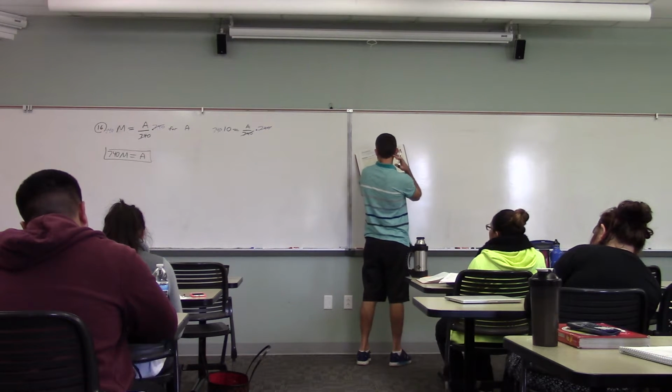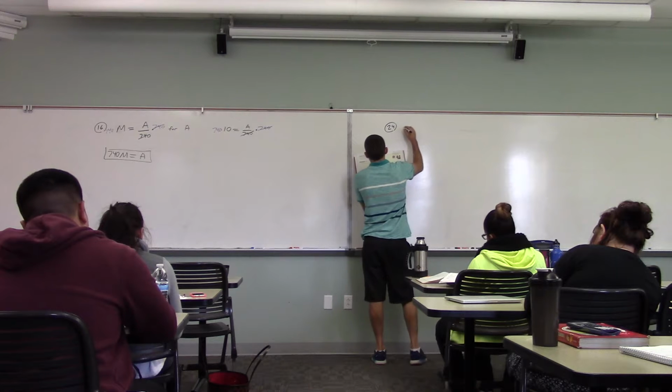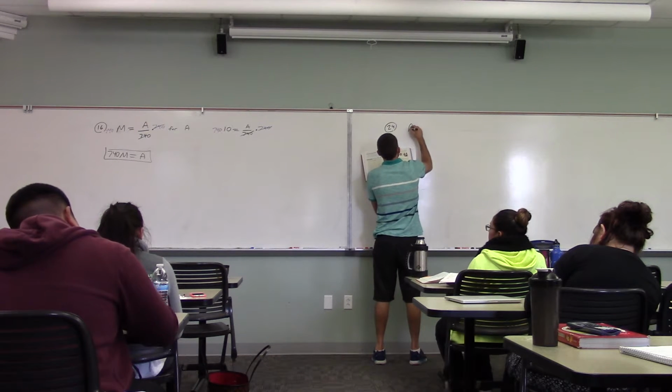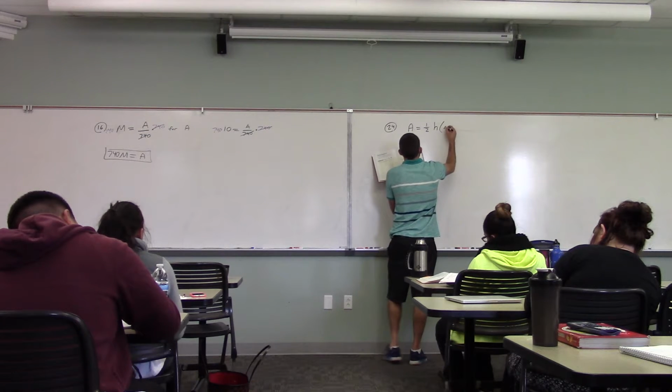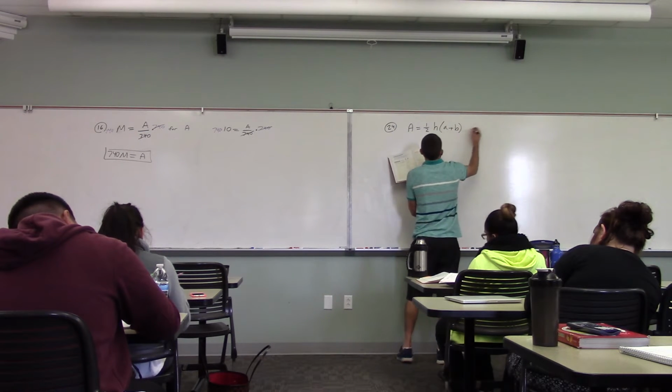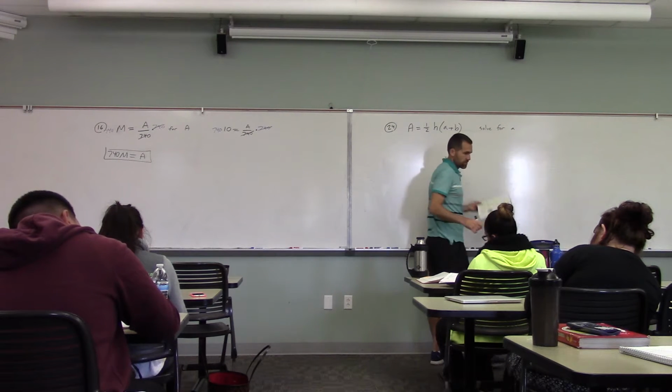Okay, never mind. So let's do problem 24. This is one of the harder ones in the section. So 24 is A equals 1/2 H times (A plus B). Solve for A.